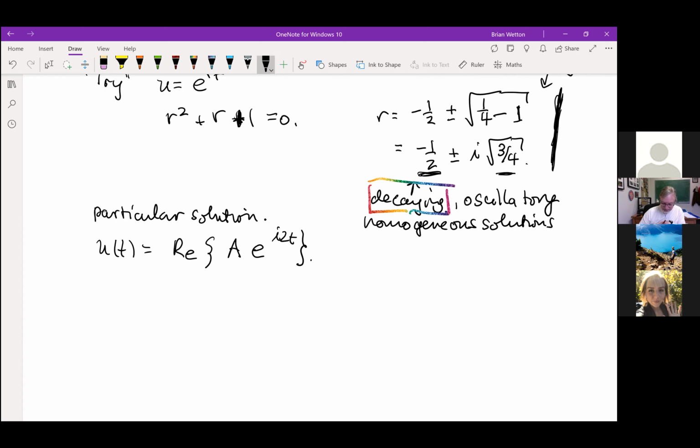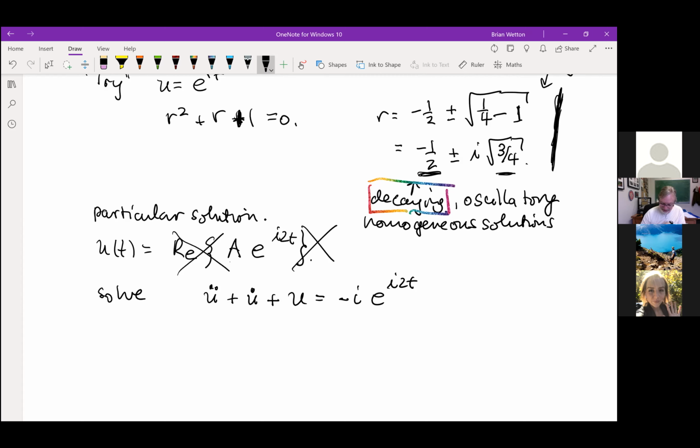Right? And in fact, I can drop this stuff off and I can solve u double dot plus u dot plus u is equal to minus i e to the i2t.